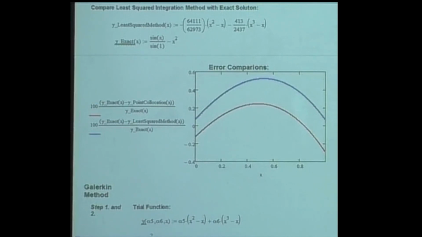But if you look at the plot, over here the error is still very low. But another interesting point is that with the point collocation, the error is both positive and negative. With the least squares, the error is only positive, right? Because we're squaring it.